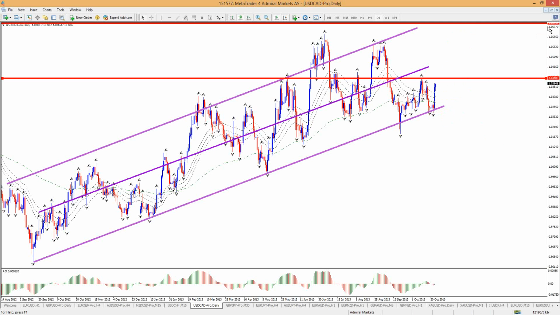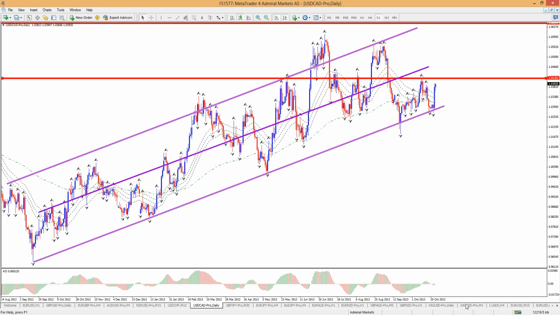Anyone have a preference for a particular currency? Gold. Yeah, we can take a look at that.